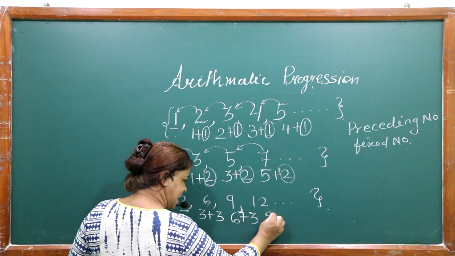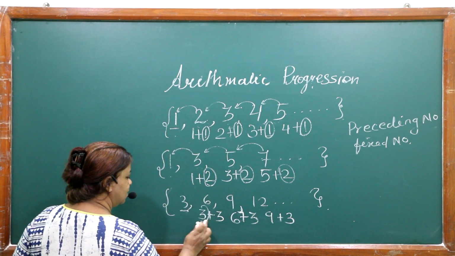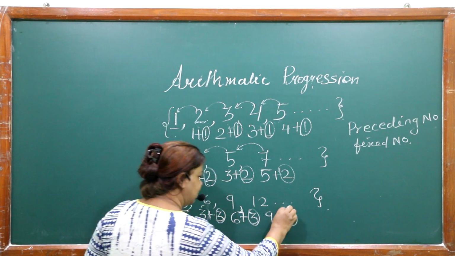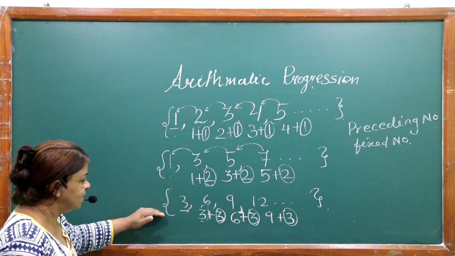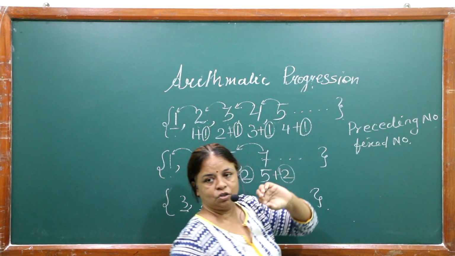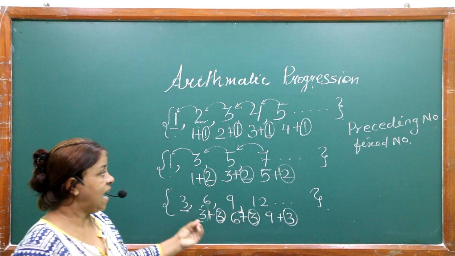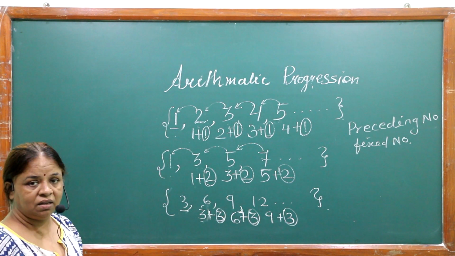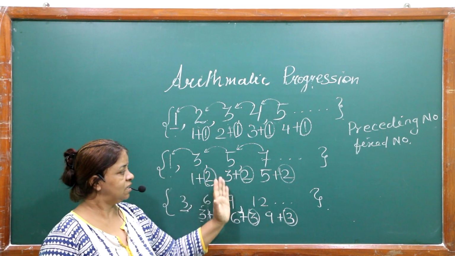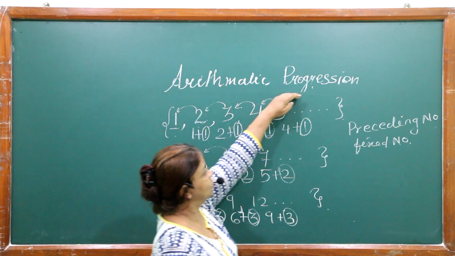For 12, again 9 plus 3, I get 12. So every time I am adding a fixed number to the preceding number. And that is nothing but an arithmetic progression. So when a fixed number is added to the preceding number and the number obtained is the next term, that sequence is called an arithmetic progression.